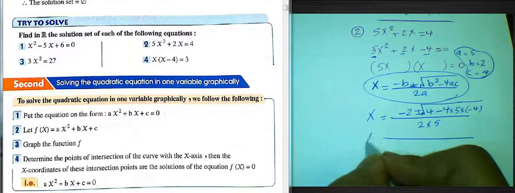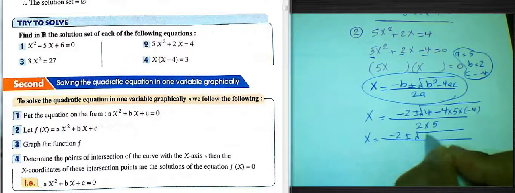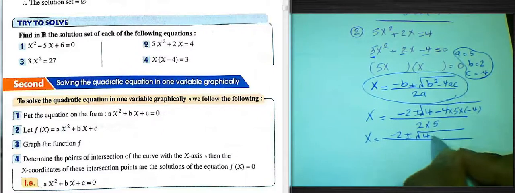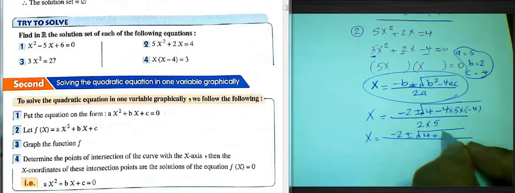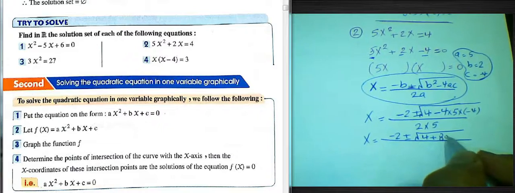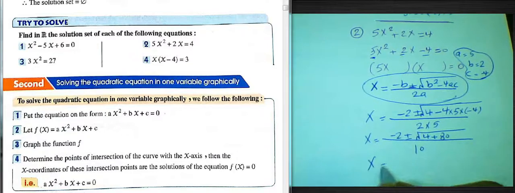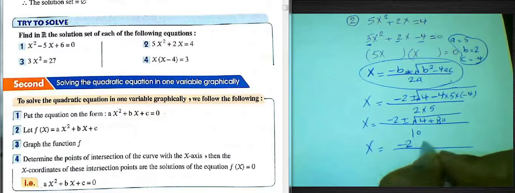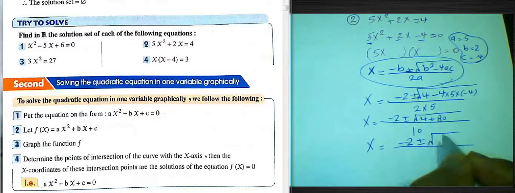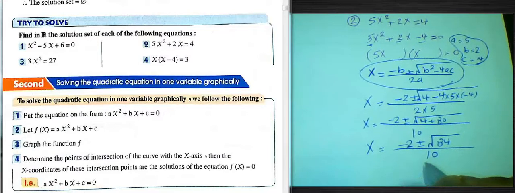Write with me: x equals negative 2, positive or negative, square root of 4, negative times negative equals positive, 4 times 5 is 20, 20 times 4 equals 80, divided by 10. So x will be negative 2, positive or negative, square root of 84 over 10.